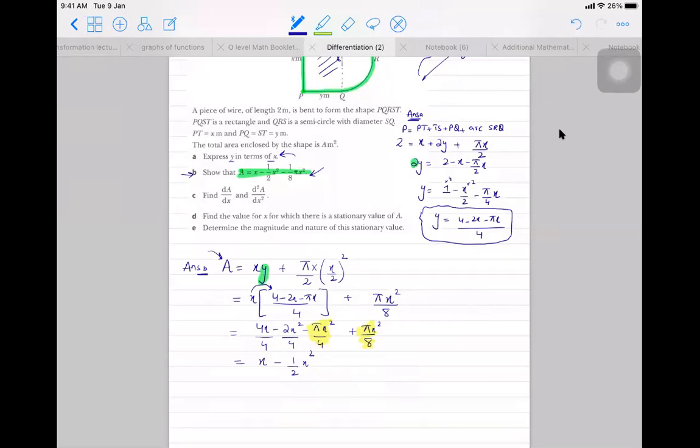This is the same as saying pi upon 8 minus pi upon 4. So pi minus 2 pi, which is negative pi upon 8. So this is going to come out as negative pi upon 8 x square.